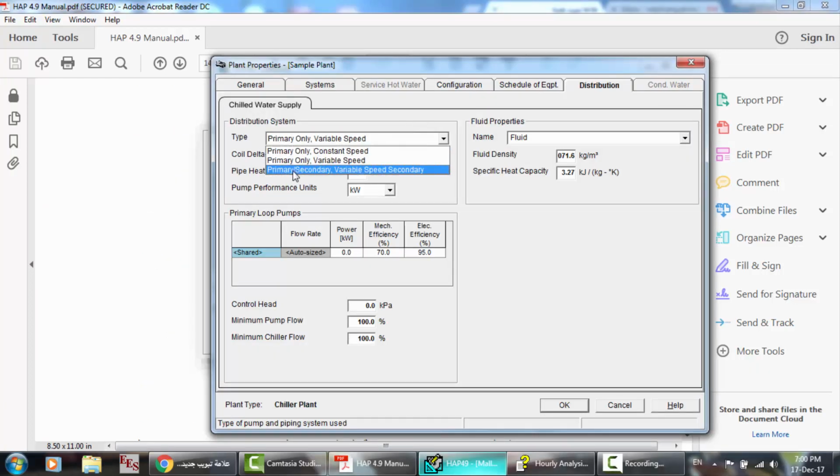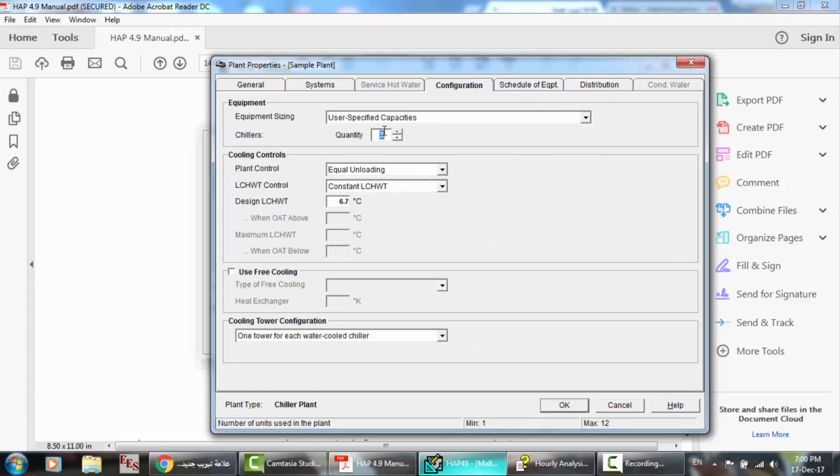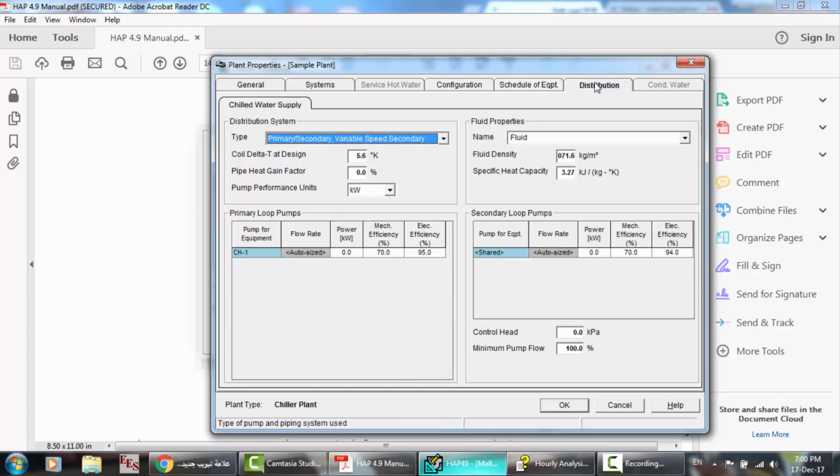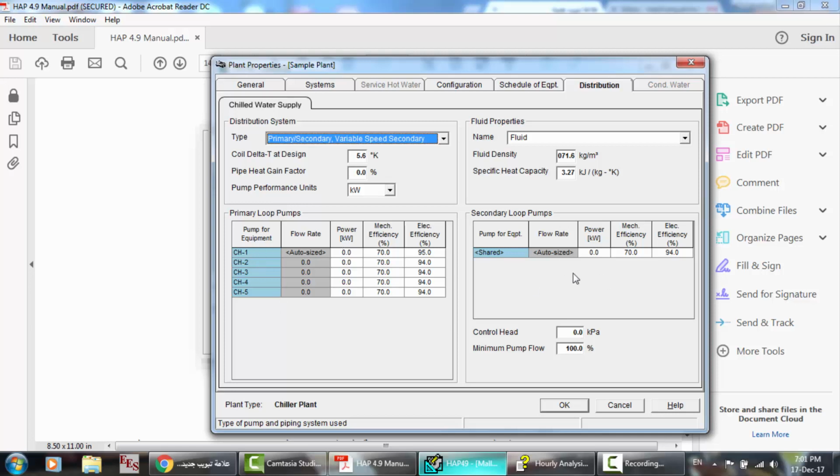So for primary-secondary variable speed, for the secondary, you can also get the information the same way as from primary loop pumps. If you have the three chillers and the shared, auto sized, exactly what we have said, and here the control head and the minimum pump flow for the secondary. Notice that if we have one, we'll find chiller one here, and shared, and if we have five, we find five here, and so on.